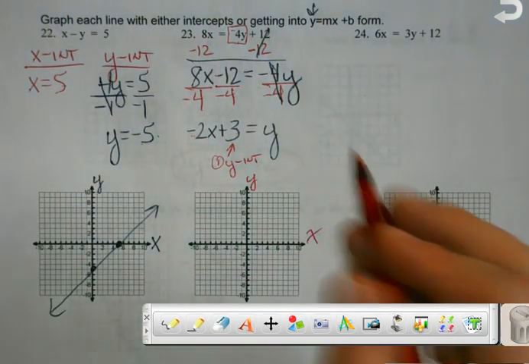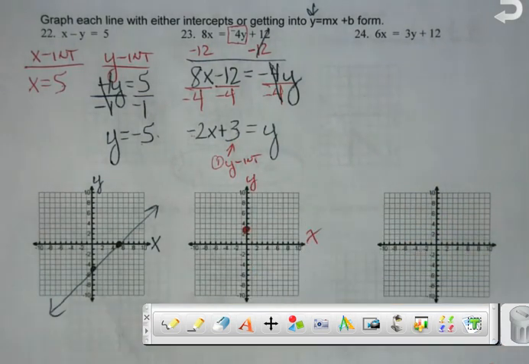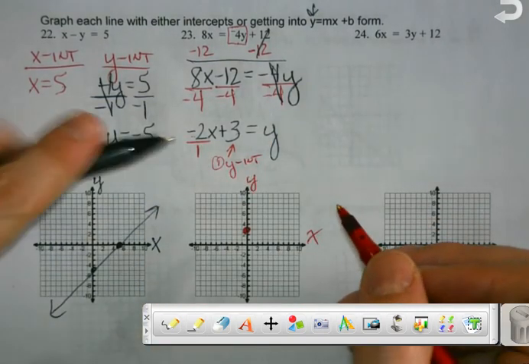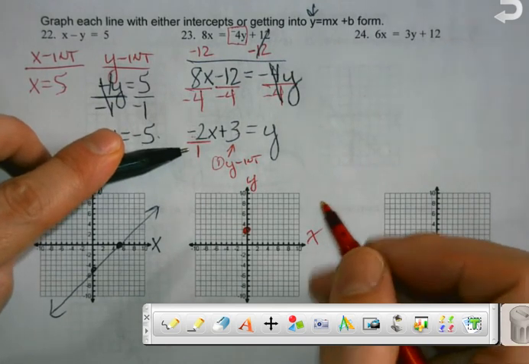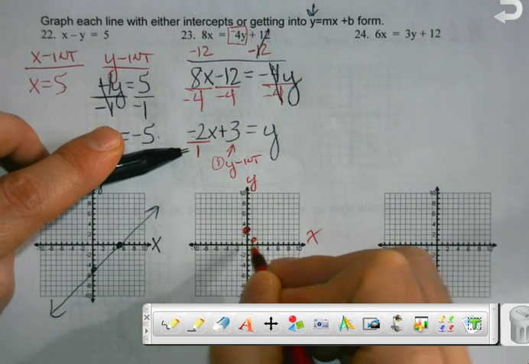Up, because it's positive, and I put a point. Then, what's my slope? What's that mean if that's my slope? Down to the right one. And I can do that a couple of times. Down to the right one.